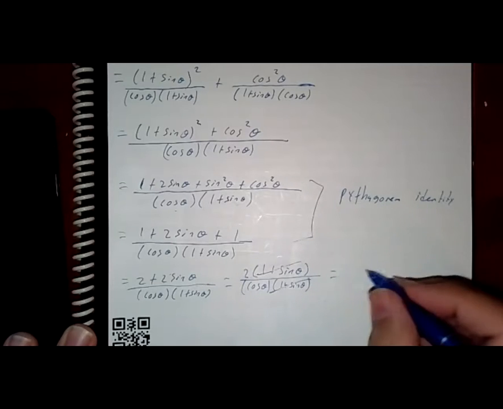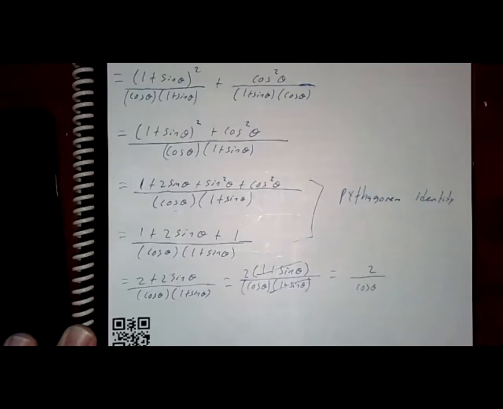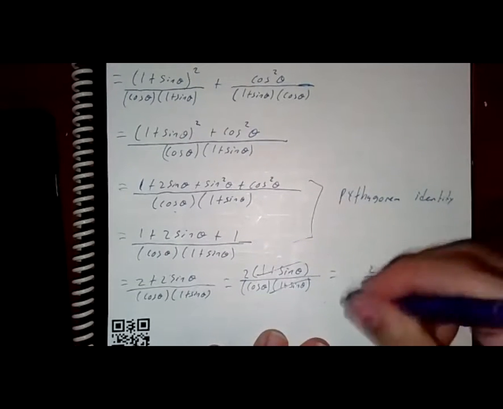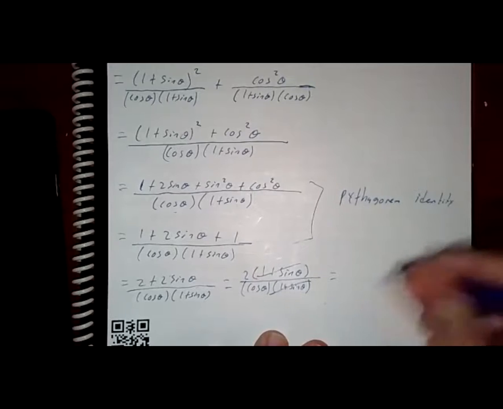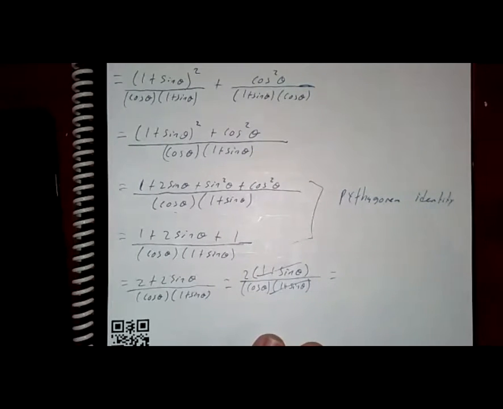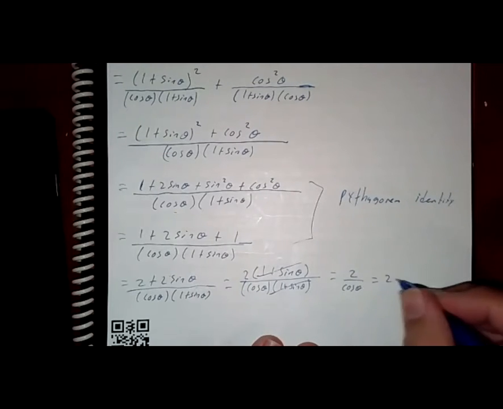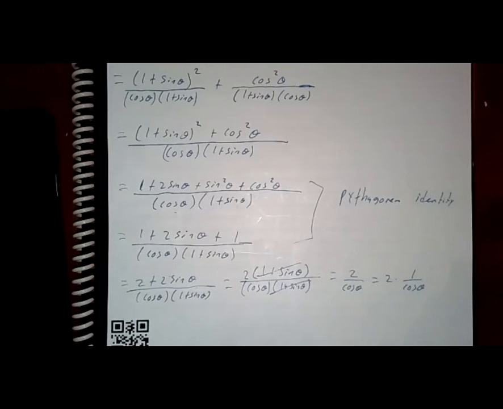So now I'm left with 2 over cosine, which is the same as 2 times 1 over cosine, right? You agree with that? And this is on your formula sheet, secant.